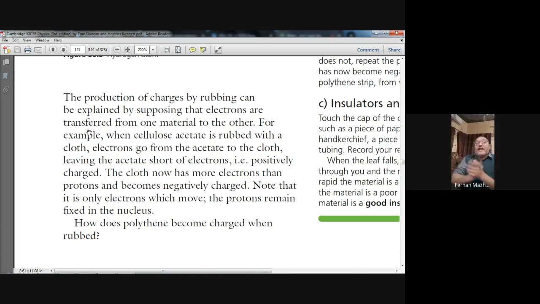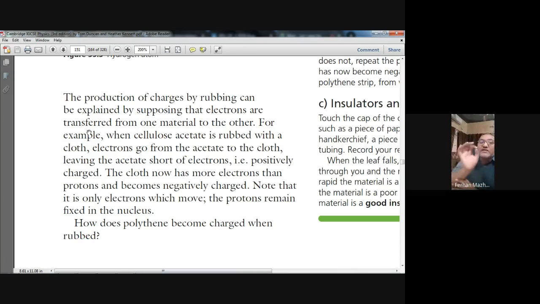Consider another scenario. If electrons are transferred from body B to body A, then body A will become negative and body B will become positive.